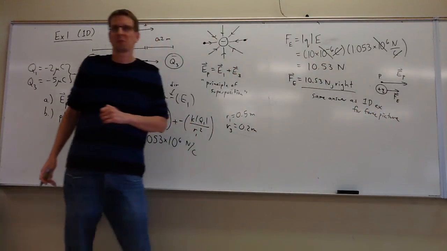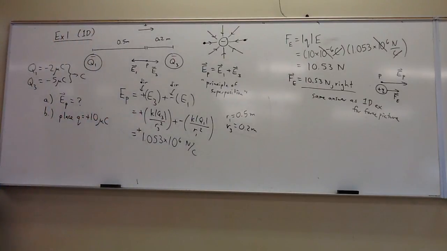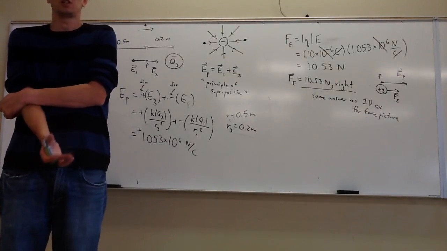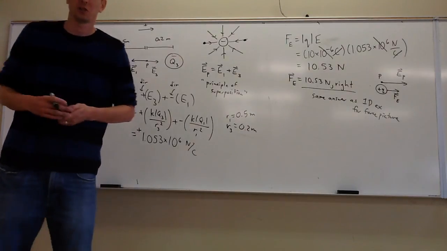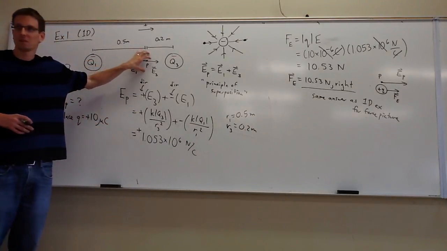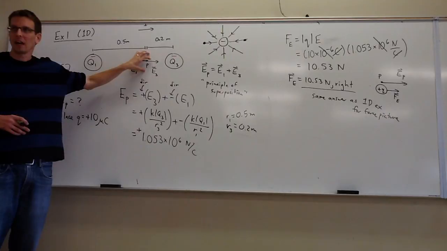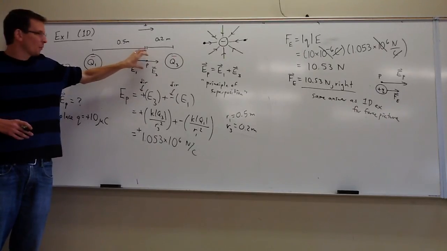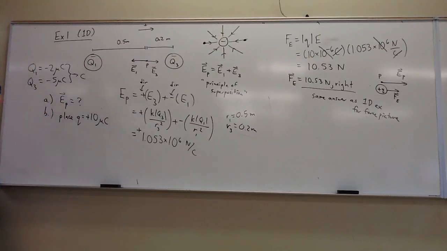I purposely redid the same example that I did before. Except here's the thing. My answer before was only good for the charge that I placed here. That was something that I committed to from the very beginning, what charge was going to be there.